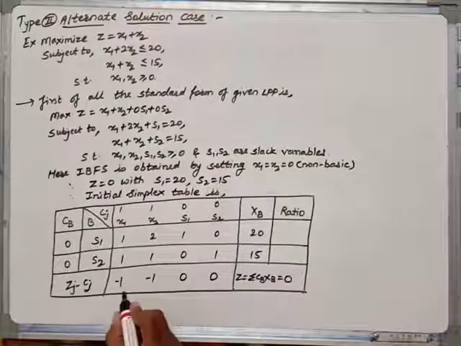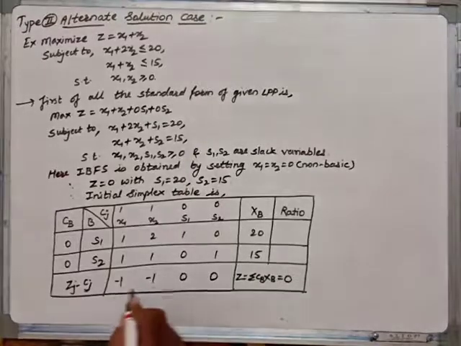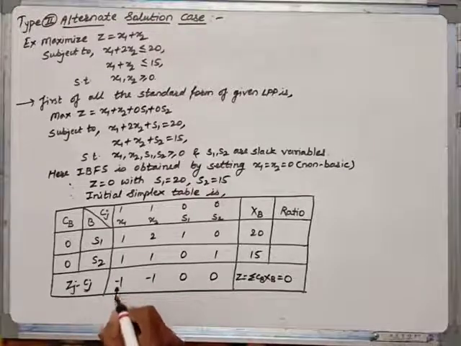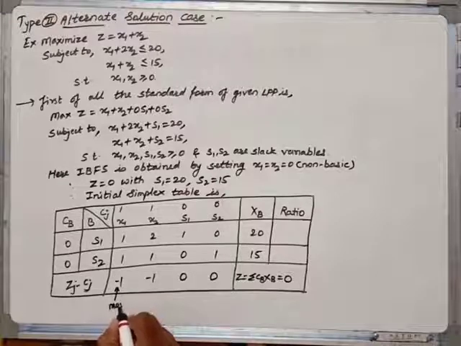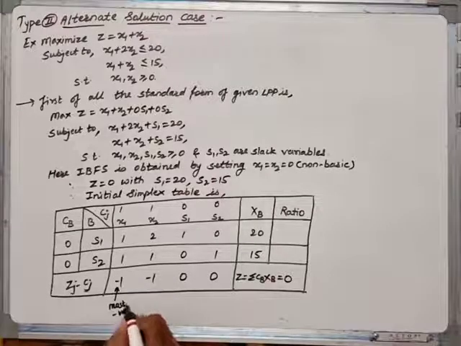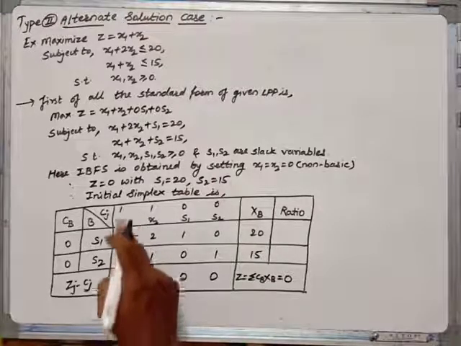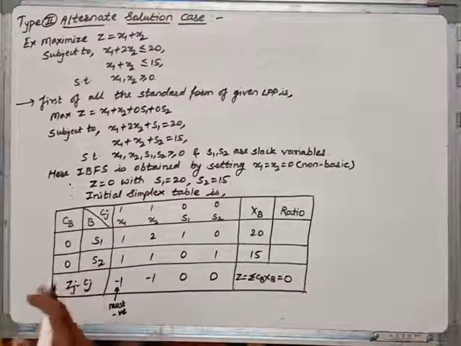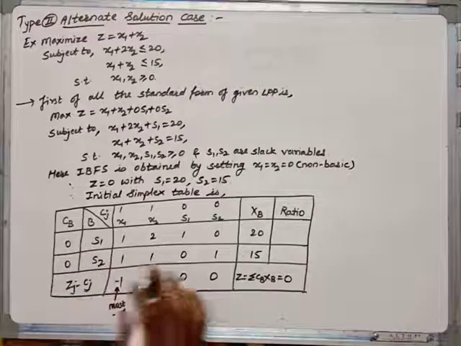Now here there are two negative values of Zj minus Cj and both are the same. So you have an arbitrary choice to choose any one of them as your pivot column. Let me choose this first one, which means I want to take x1 in the basis, and one of s1, s2 will leave.